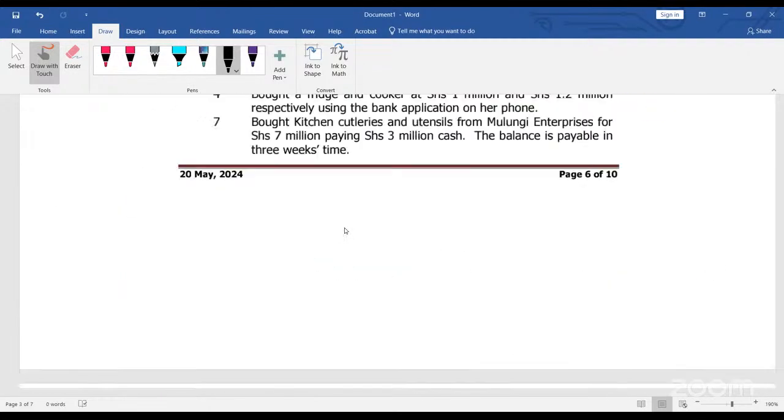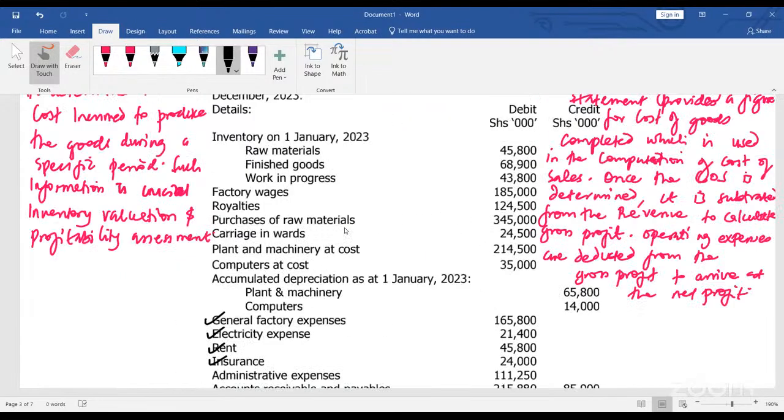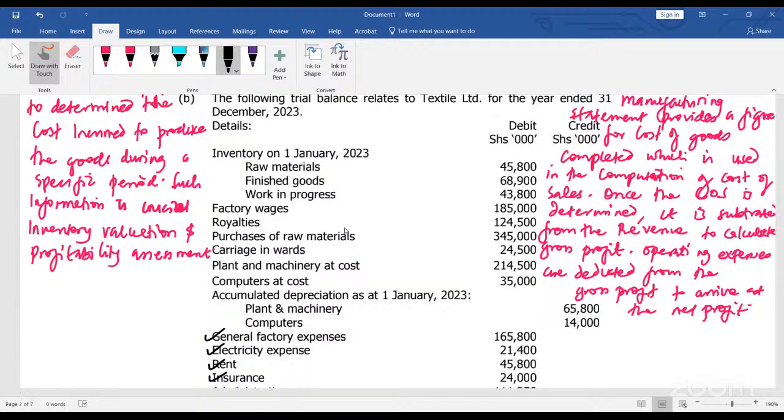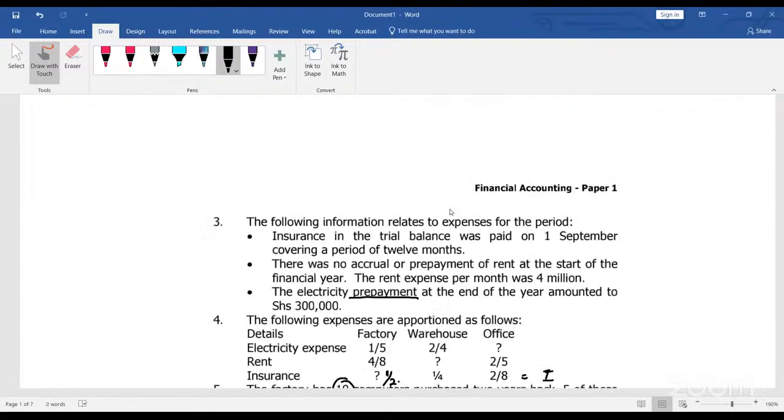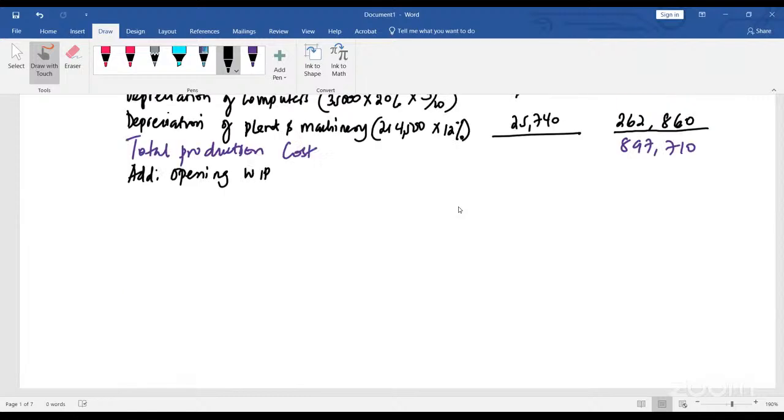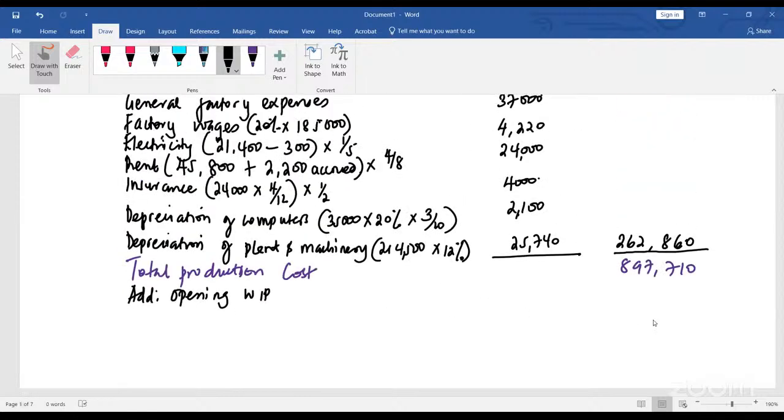So check your trial balance to see what the opening work in progress is. It is 43.8. Bring that to add it, because it was undergoing a manufacturing process. It was partly complete at the start, so we have to add this.